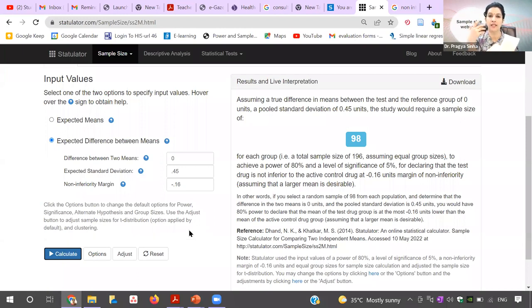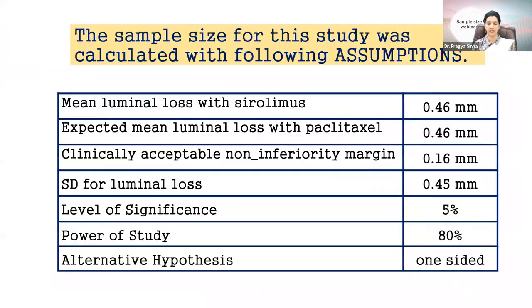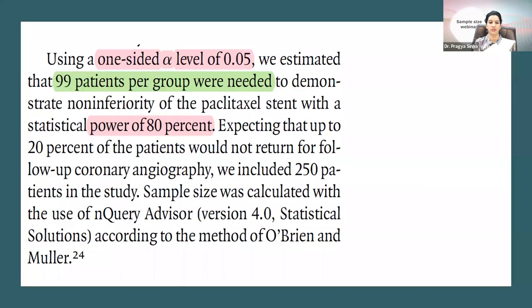And if the outcome is negative, you set this margin as positive. And then you calculate it. So this is 98. In this case, the author has estimated 99 patients per group. So it was almost the same number which we tested.